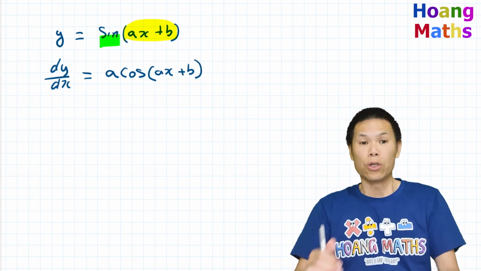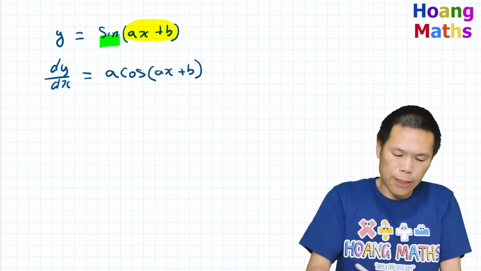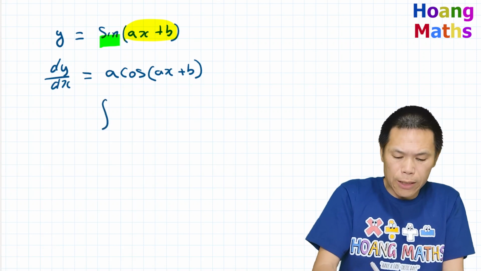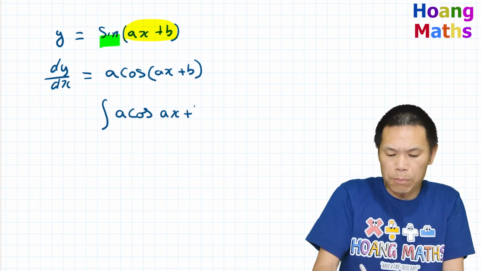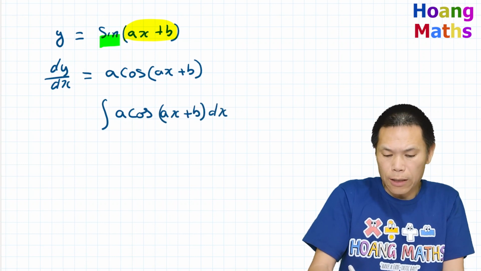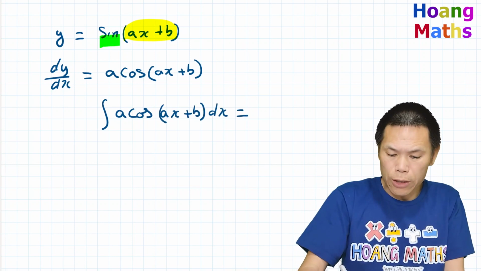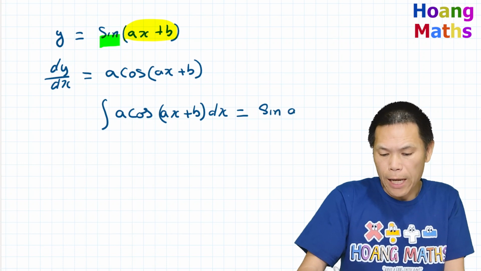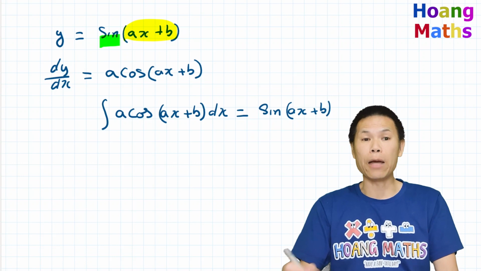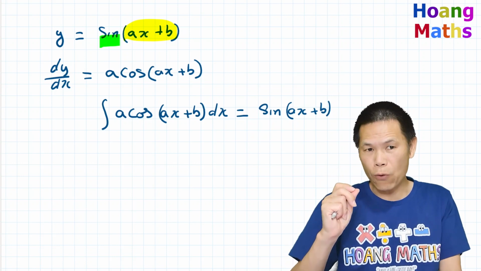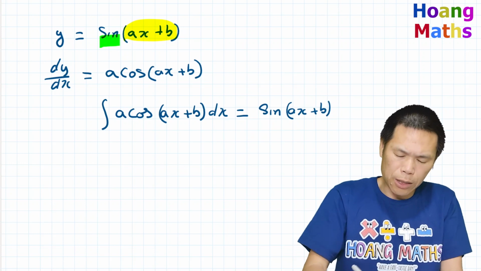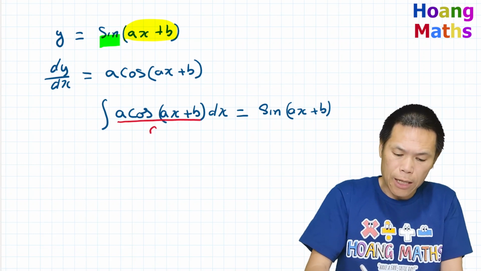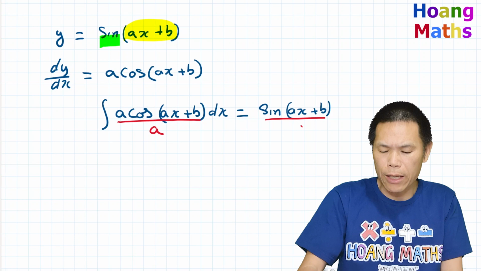So there you go. Therefore, if I integrate a cos of ax plus b dx, that will give me sin of ax plus b. That's what that meant, we've just gone backward. So if I divide by a on both sides, the a cancels out on this side.